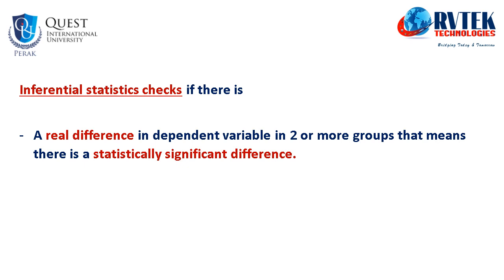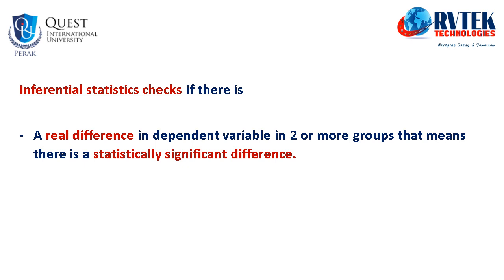We are taking hemoglobin values of males and of females, calculating the mean value of hemoglobin among males and among females, and we can apply inferential statistics to check if the difference in mean hemoglobin value between males and females is statistically significant, or the difference is real.